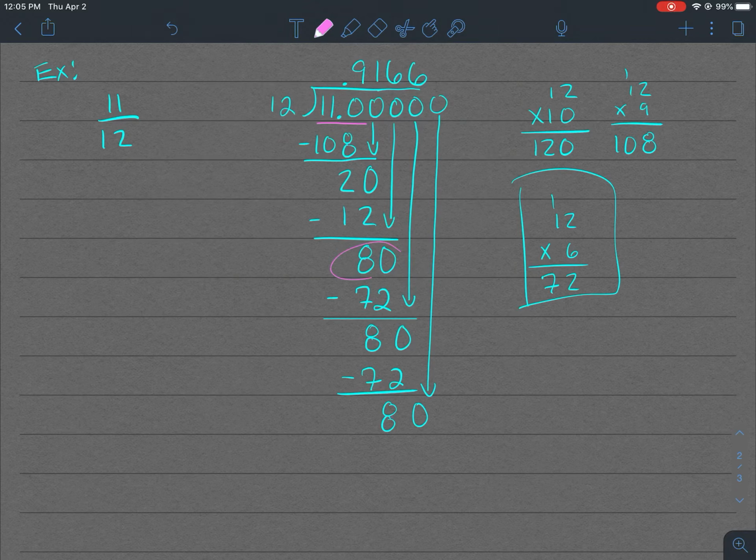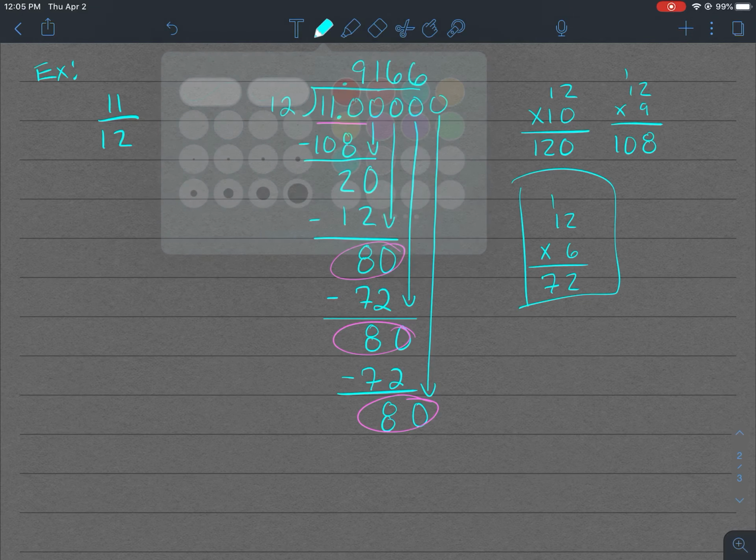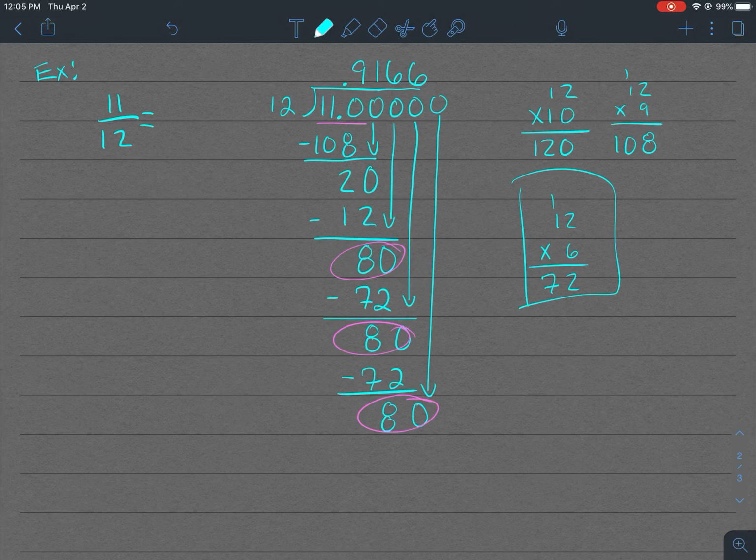Well, at this point, you keep getting 80 over and over and over again. So that means that the repeating part is the 6. The 6th part of your decimal. So the answer to 11 over 12 is 0.916 repeating, where the 6 is the only thing repeating.